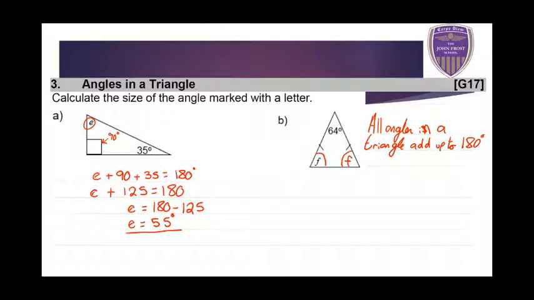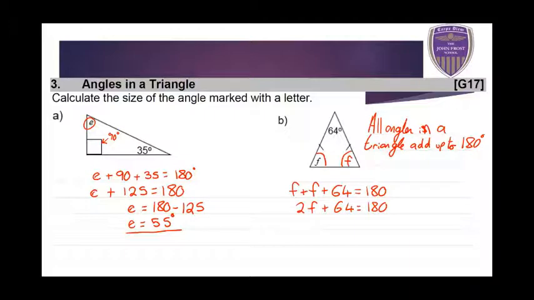So to write this down, we could say that F plus 64 is equal to, because it's a triangle, 180 degrees. So instead of writing F and F, we could write 2F, or 2 times F, plus 64 equals 180, okay?